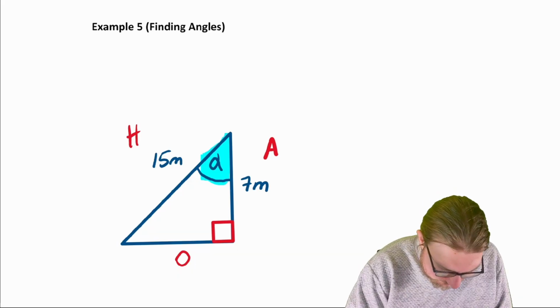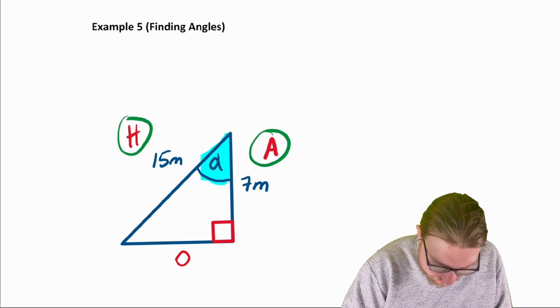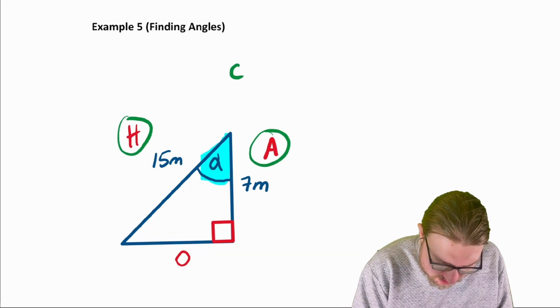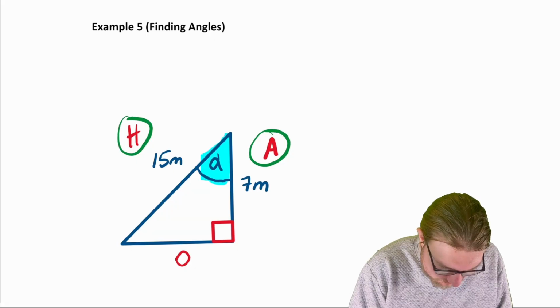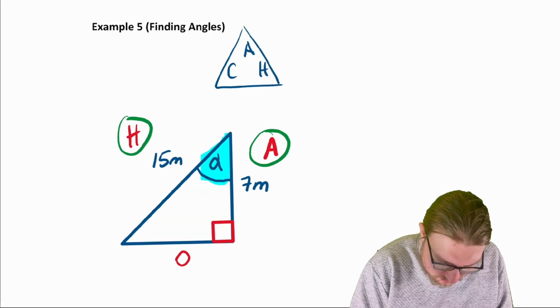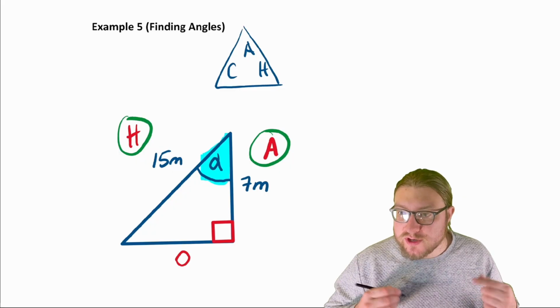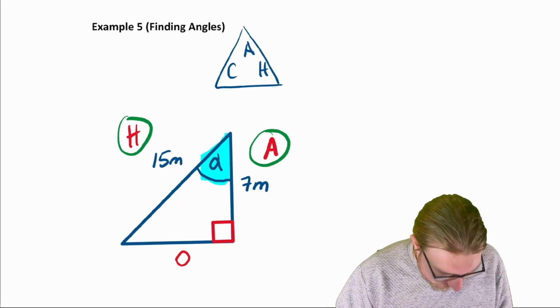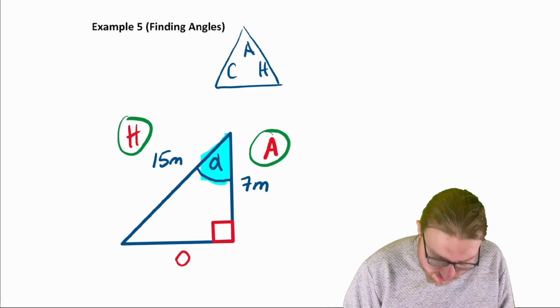Now, what do we have? We have H and we have A. So that is going to be our CAH. See, we have CAH. That is our triangle. So now let's give this a go. We are again looking for the angle.